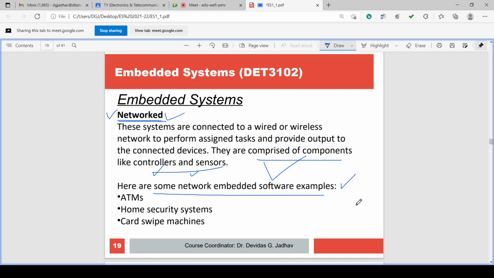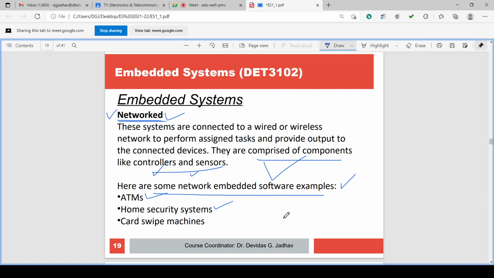Home security system. What is there in the home security system? Home parameters are there: the main door lock, the lighting system, the air conditioning system, burglar alarms, the fire alarm, the water system sensors, and many other systems.